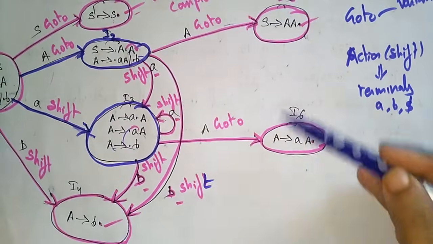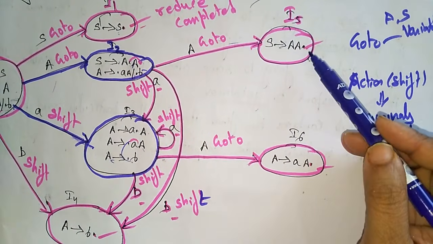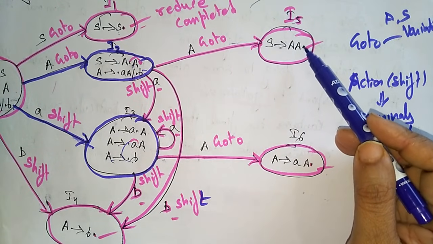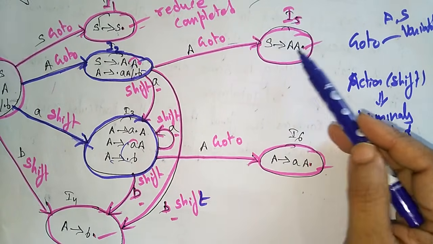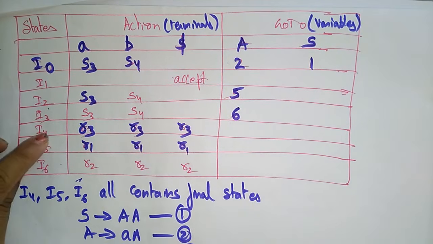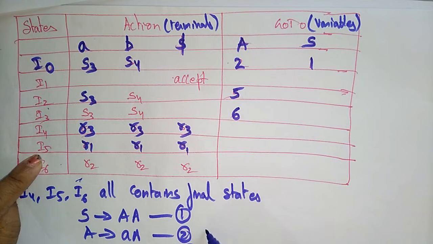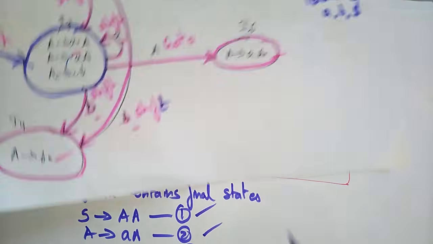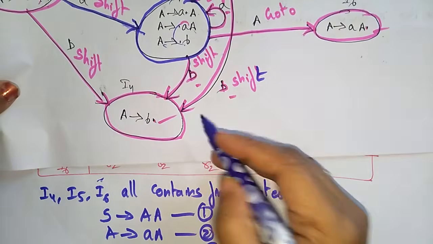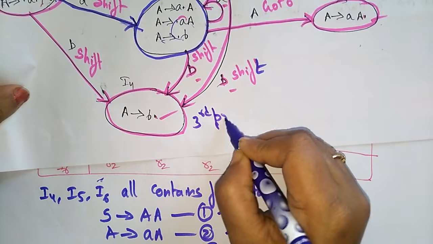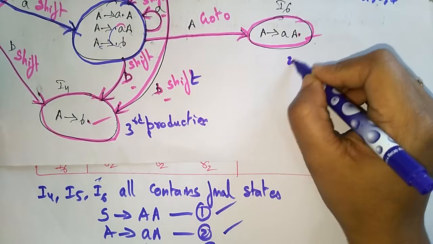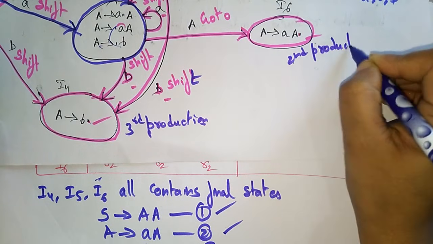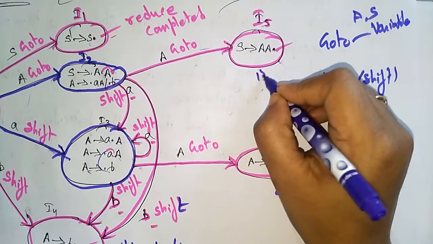For the remaining grammar, you need to write the production numbers at the end of the dot. If the last state contains the dot at the rightmost, then you need to write the production number in the table. I4 consists of the third production, A determines B, I5 is on the first production, S determines AA, and I6 produces the second production.